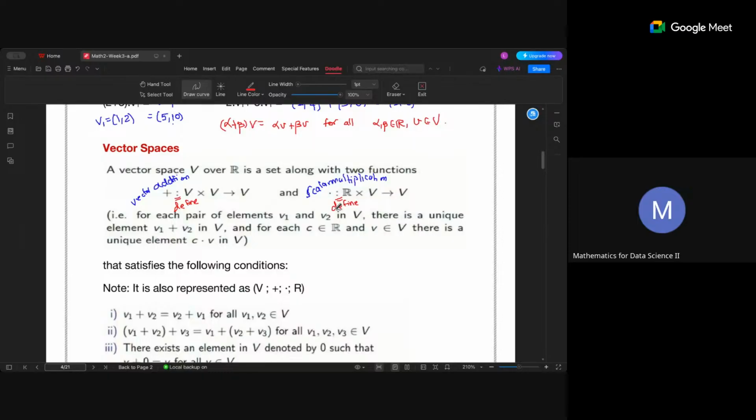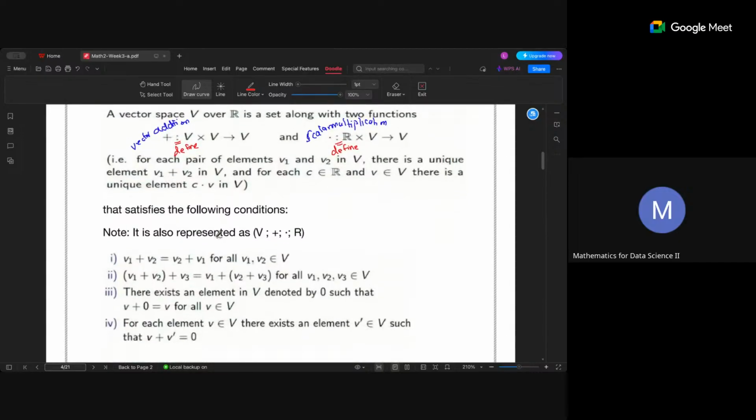However you are defining this plus or dot, the scalar multiplication, that operation will be closed under this set. So for any two elements V1, V2 in V, V1 plus V2 should be in V, and for any scalar c in R and v in V, c times v is in V. Okay, so that is the first thing, closed under addition and scalar multiplication.